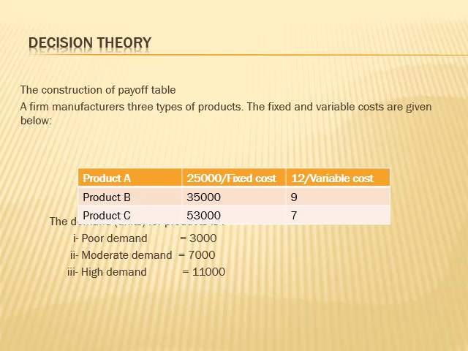For example, product A has a fixed cost of $25,000 while its variable cost is $12.